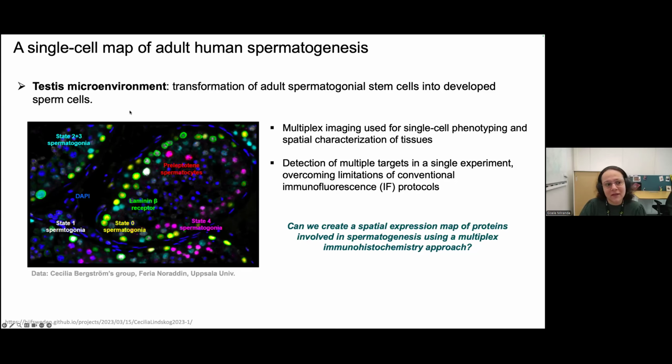So this is testis tissue. And the idea of working with this multiplexed imaging is to create a kind of spatial map of proteins. So you can see which proteins are, it's a kind of on and off map of which proteins are being expressed. And here, specifically, following up this transformation of sperm cells.